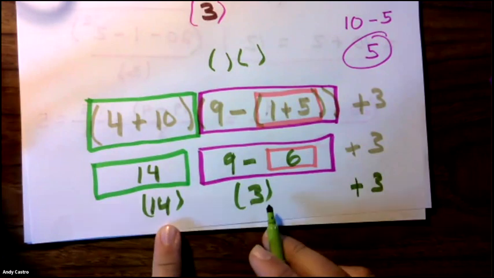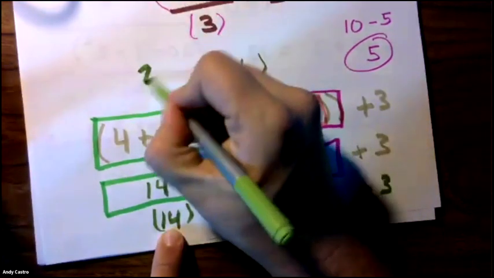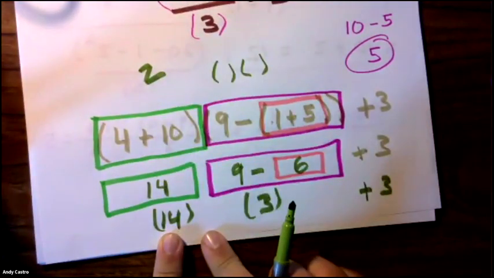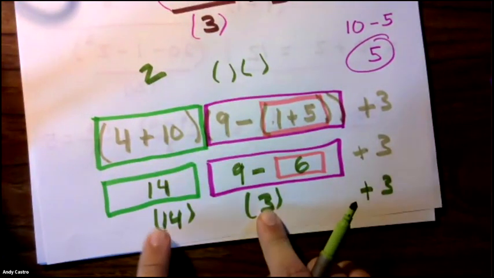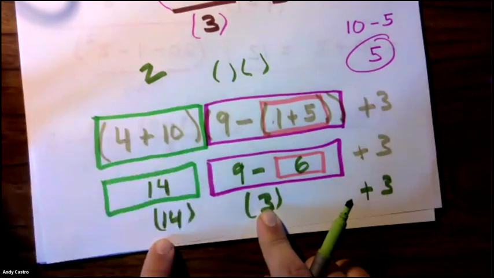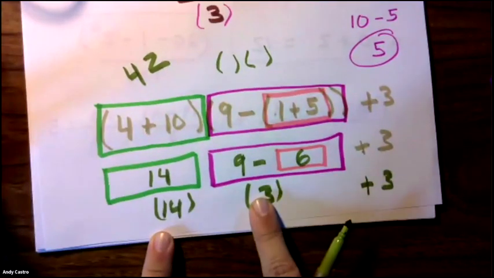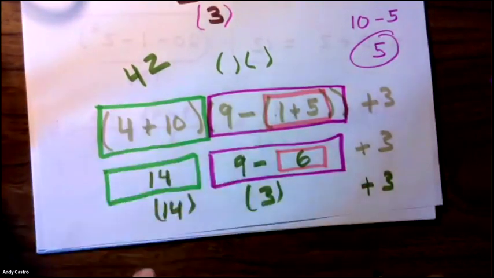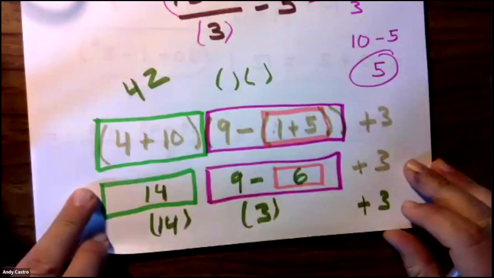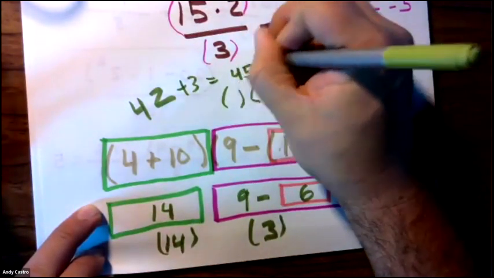So 14 times 3, if I have 3 14s, that's 4, 8, 12. So I've got my 2, and then I've got 3 10s. It's going to be 32, plus another 10 from the 12. That's going to give me 42. So 14 times 3 is 42. So then I'm left with 42 plus 3, and that gives me 45.